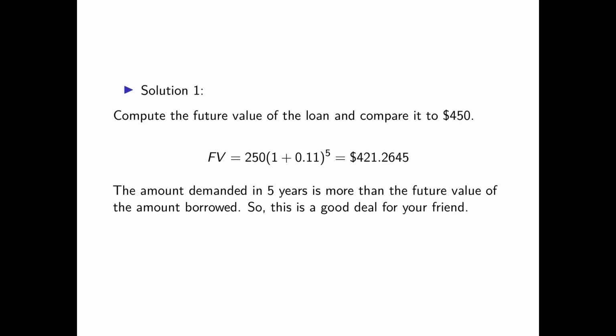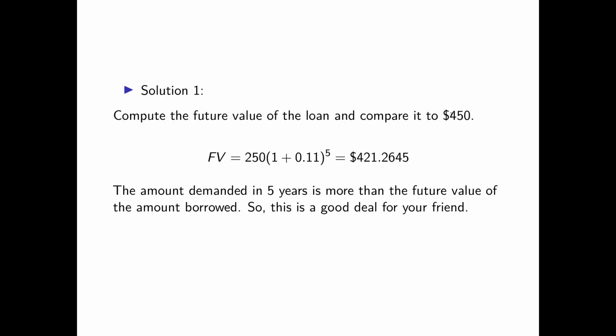Now, let's compute the future value of the loan and compare it to $450. That's the first solution. So you're going to take $250 today, and knowing that the interest rate is 11%, in 5 years, at a rate of 11%, the future value is $421. So this is what you should be paying back.